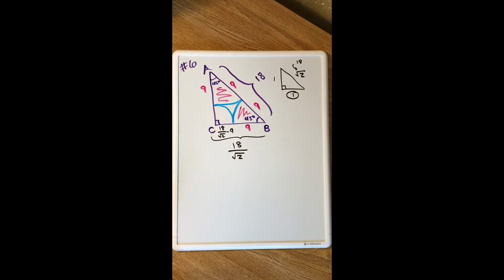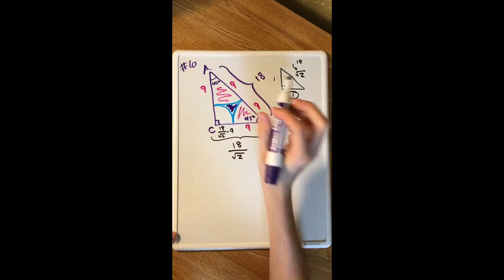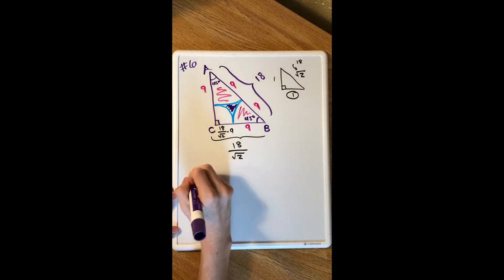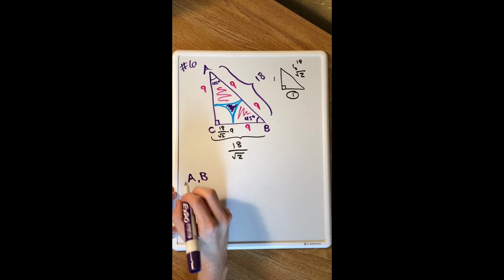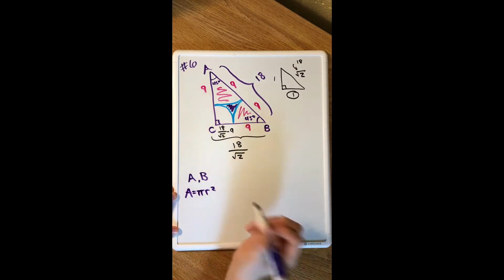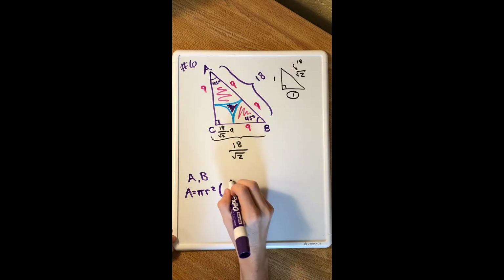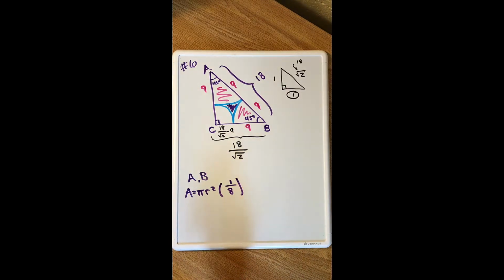So now we have to figure out the areas in order to leave us with this shaded portion right here. So for arc A and arc B, we can do area equals pi r squared, because that's a normal circle. But because it's 45 degrees, we know that 45 degrees is 1/8 of the total 360 degrees that a circle is.